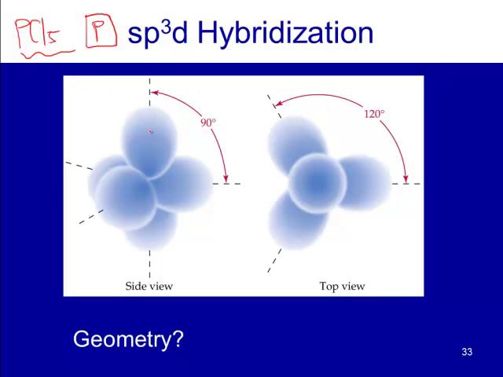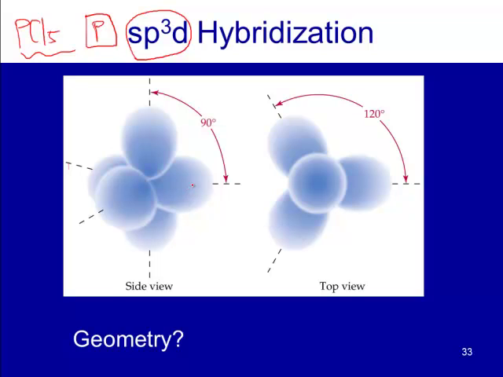Remember, phosphorus is a period 3 element, and period 3 elements will have the d orbitals available for them. So in this case, you have the opportunity to couple with more valence electrons. If I need 5, that would be the sp3d hybridization. Proper calculation, you will have the shape coming back again.